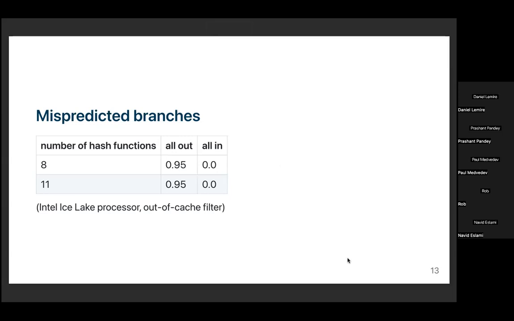So now we can look at another metric that we often use in software performance, the number of mispredicted branches, right? The way processors work these days is that they have a huge execution queue, and the window can be quite large, like hundreds of instructions.